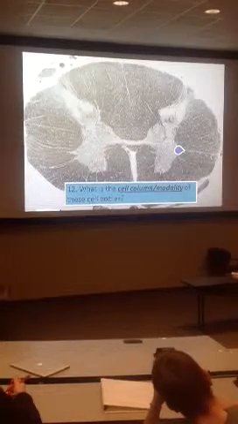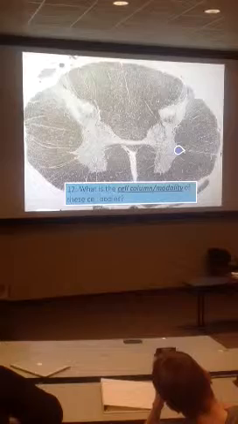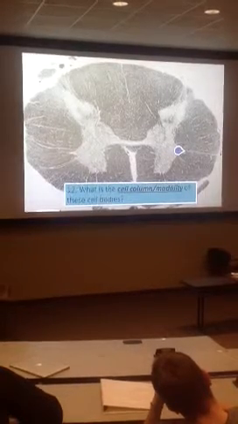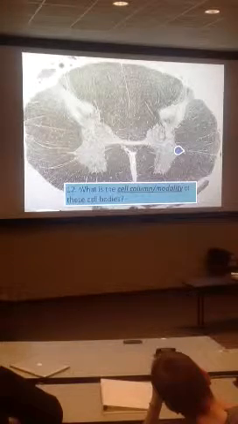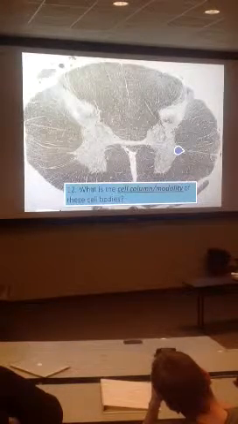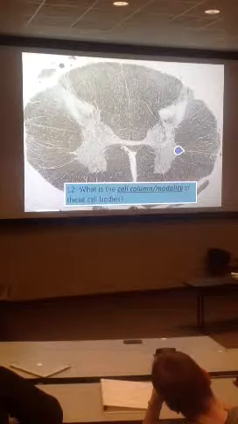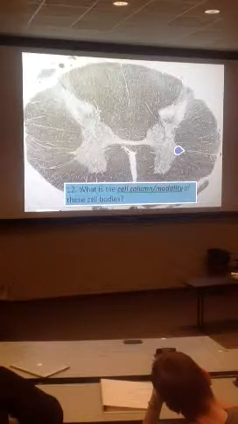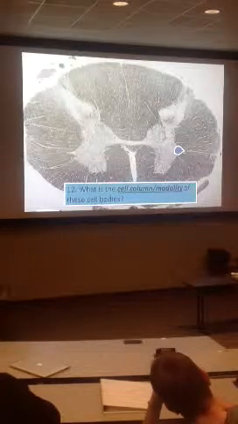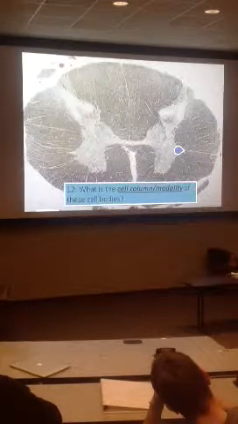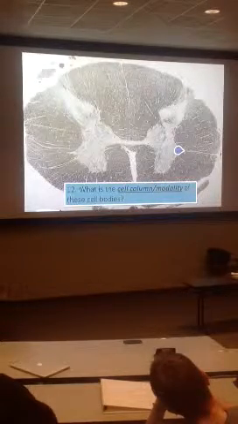Does that make sense? Is anybody confused about that? The modality and structure are different. If they tagged this and said, what is the structure, then it would be the intermediate cell bodies or whatever. And that's kind of hard to say because that's in the name. That's where I get cell column and modality confused, because if they were like, what is the cell column, I'd be like, it's the intermediate cell column. That's in the name of it, right? But they want you to know the modality.